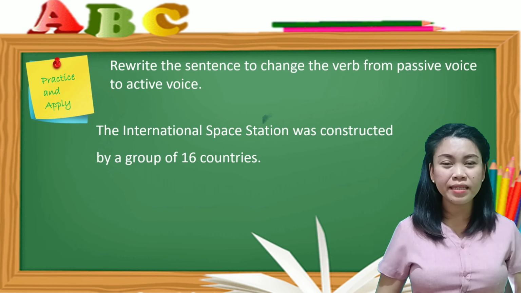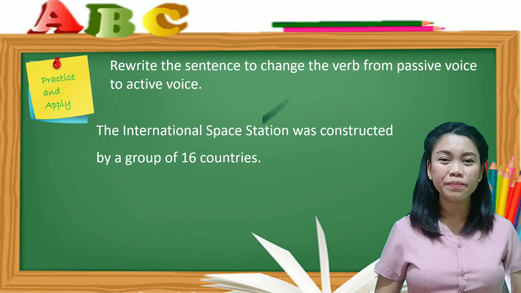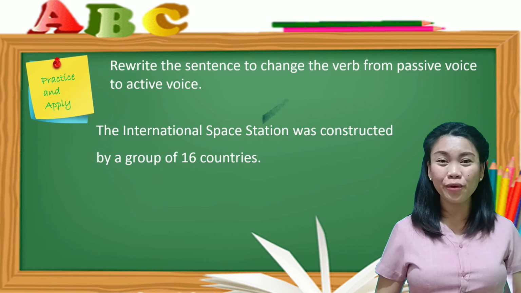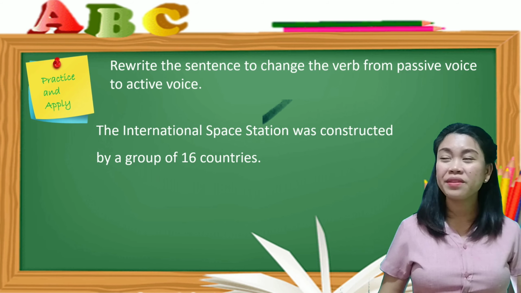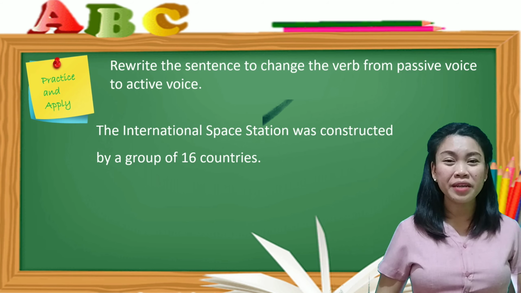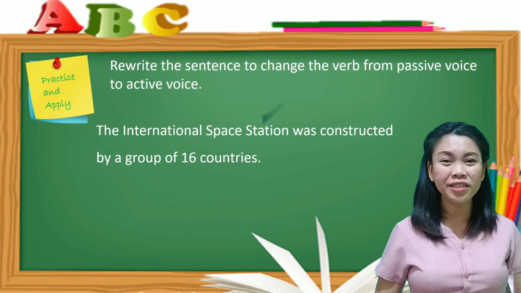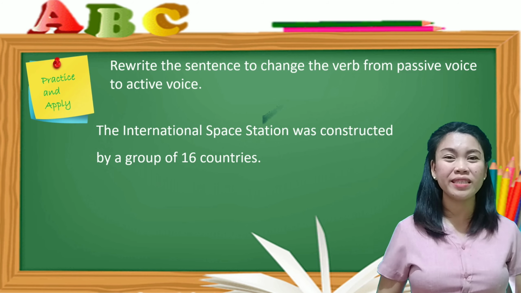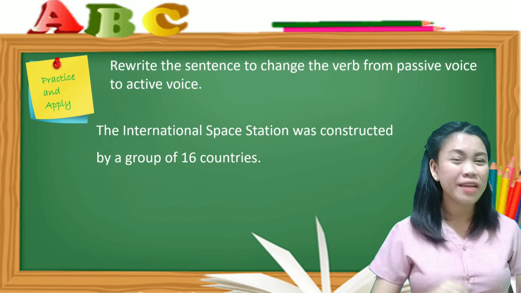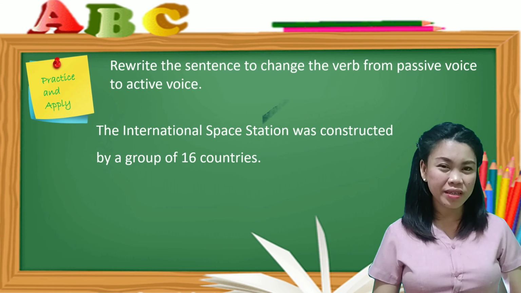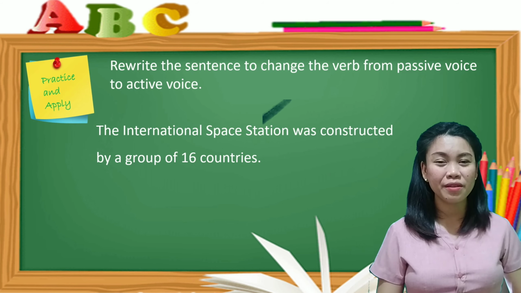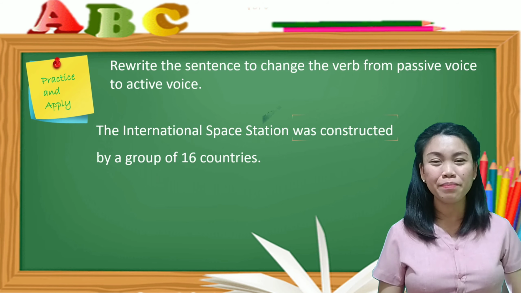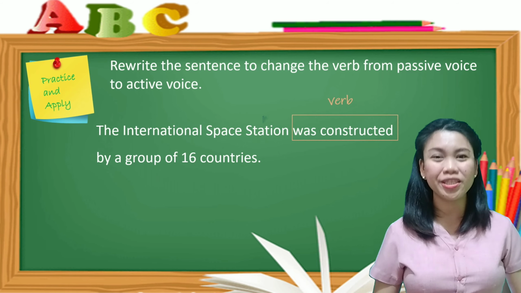Let's practice and apply what we have learned. Rewrite the sentence to change the verb from passive voice to active voice. The sentence is, the International Space Station was constructed by a group of 16 countries. Now remember the three steps that we tackled earlier. The first one is determine the verb and the performer of the action.